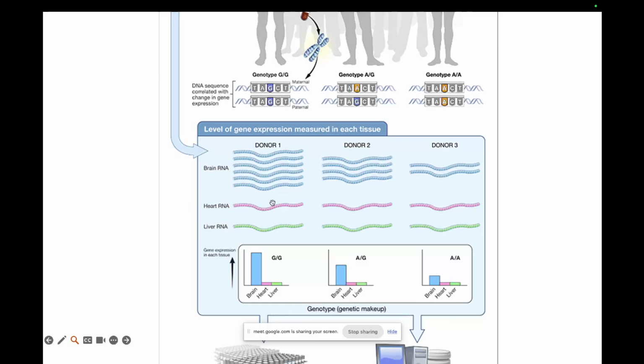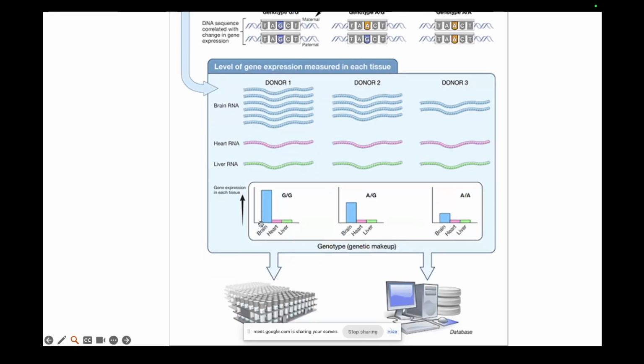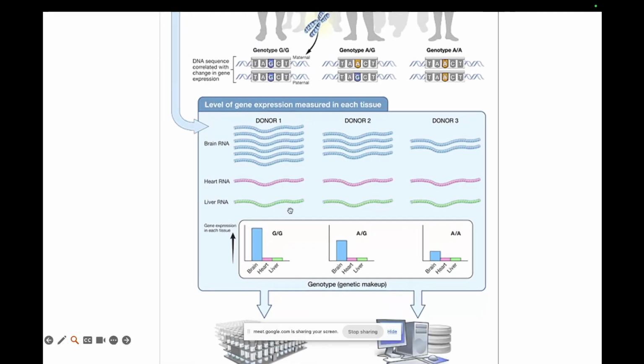So you have it separately for brain, heart, and liver, and they check the gene expression in each tissue. Say, for example, this is the liver tissue that they are checking. These are the variants they are checking for: GG, AG, and AA, and then they check whether, for a particular gene, the presence or absence of the variant is increasing or decreasing expression.